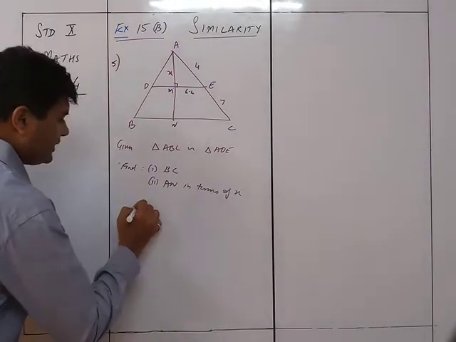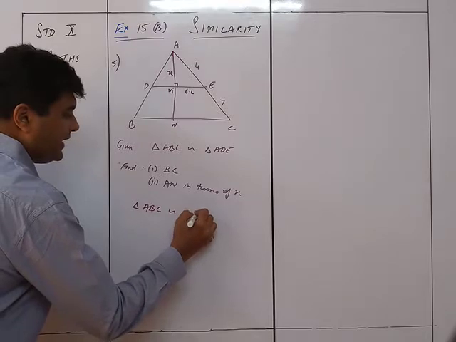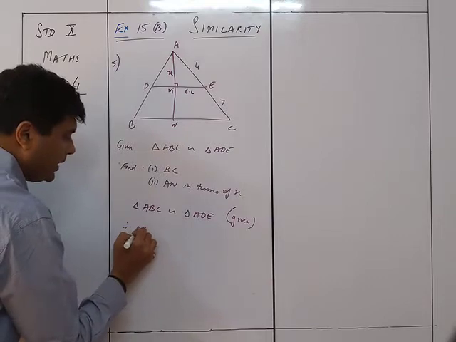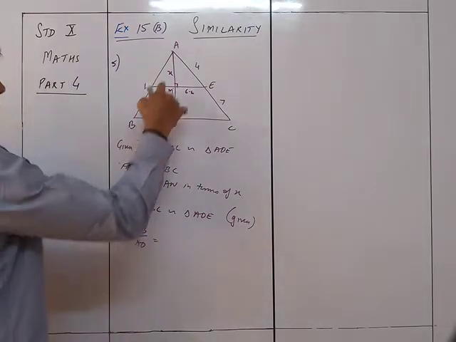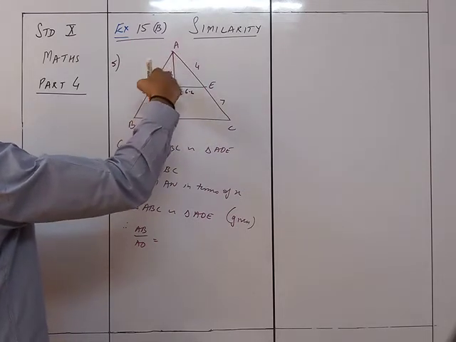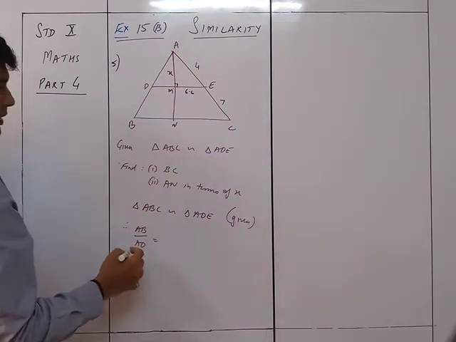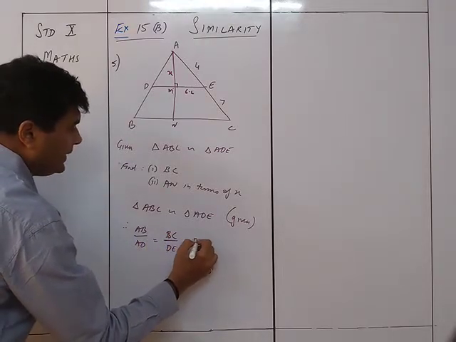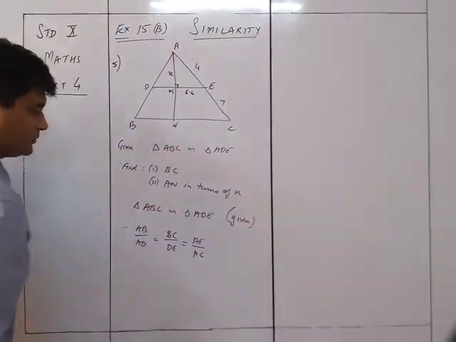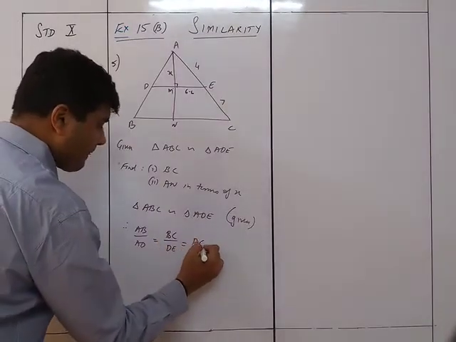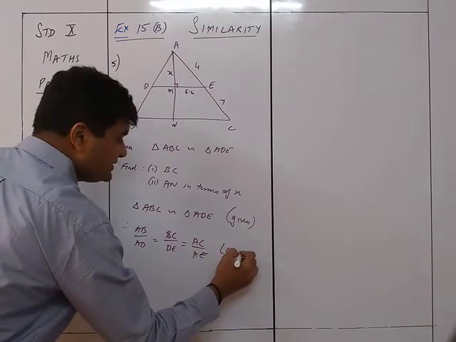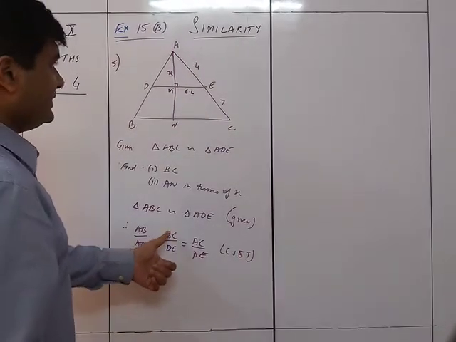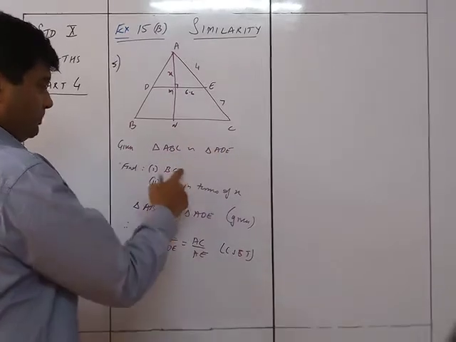So we know that triangle ABC is similar to triangle ADE, therefore AB upon AD is equal to BC upon DE is equal to AC upon AE. That is CSST. Now we want BC.